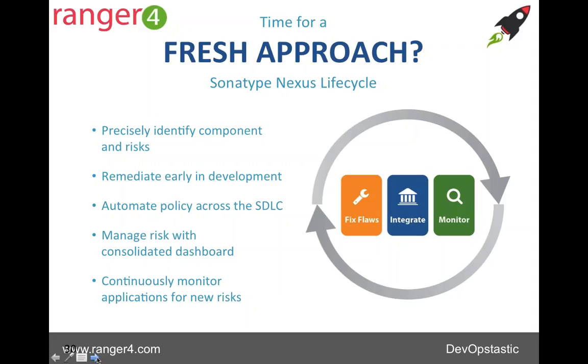What they do with the Nexus Lifecycle product is enable you to build security in very early. They're using the term here on this slide, which is originally a Sonatype slide, continuously monitor. So they're continuously monitoring applications and new risks. The way it does that is it integrates into your IDEs, your integrated development environments, where your developers are working.